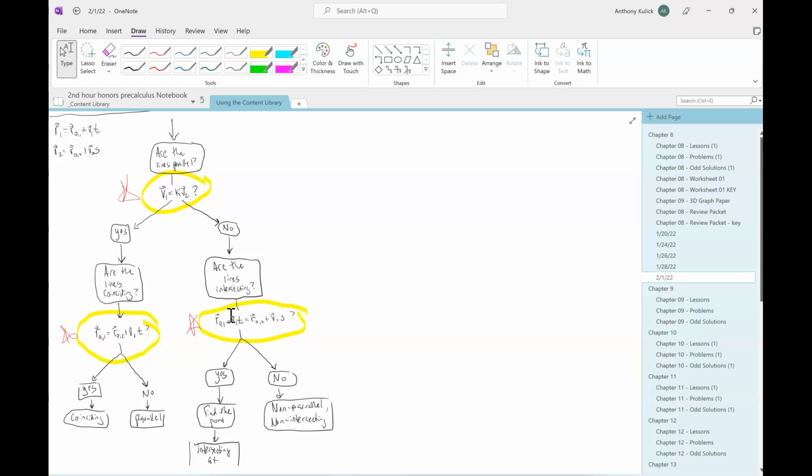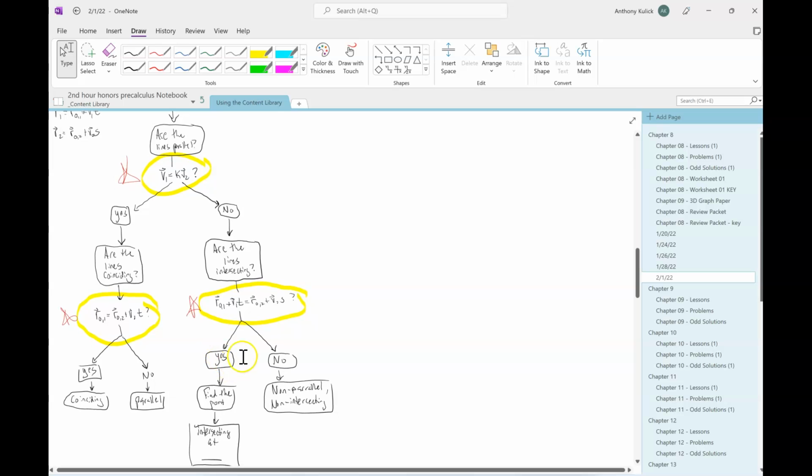But the answer you get, you still need to check in the 3rd equation to make sure that it still works. If you can solve the system and that solution checks in the 3rd equation, those 2 lines are intersecting, so you can use one of those values for S or T to find the point of intersection.